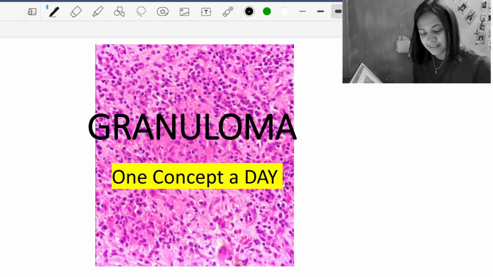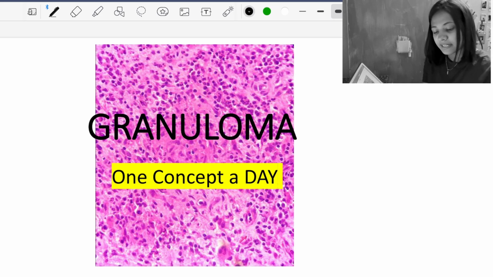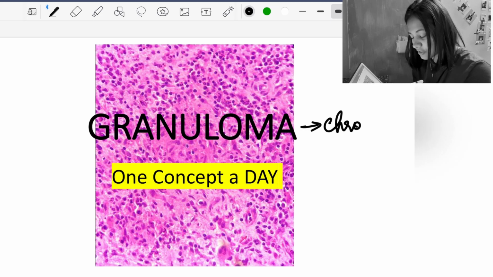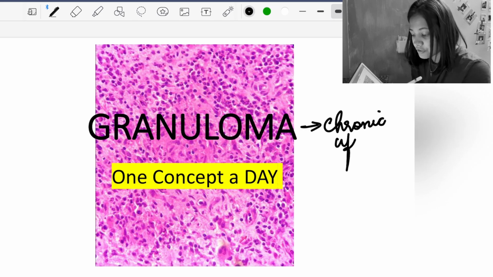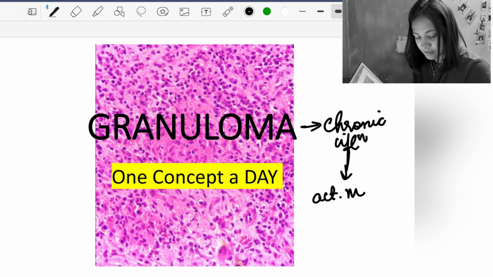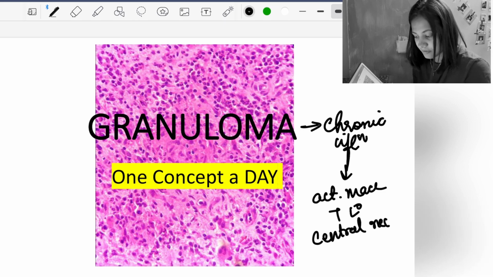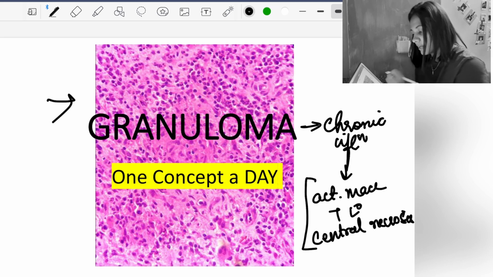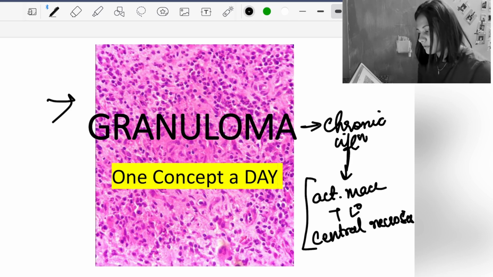So let's get started. What is a granuloma? It is a type of chronic inflammation, mostly because of activated macrophages and T lymphocytes, with or without central necrosis. This is what makes a granuloma. The picture behind is again a granuloma.